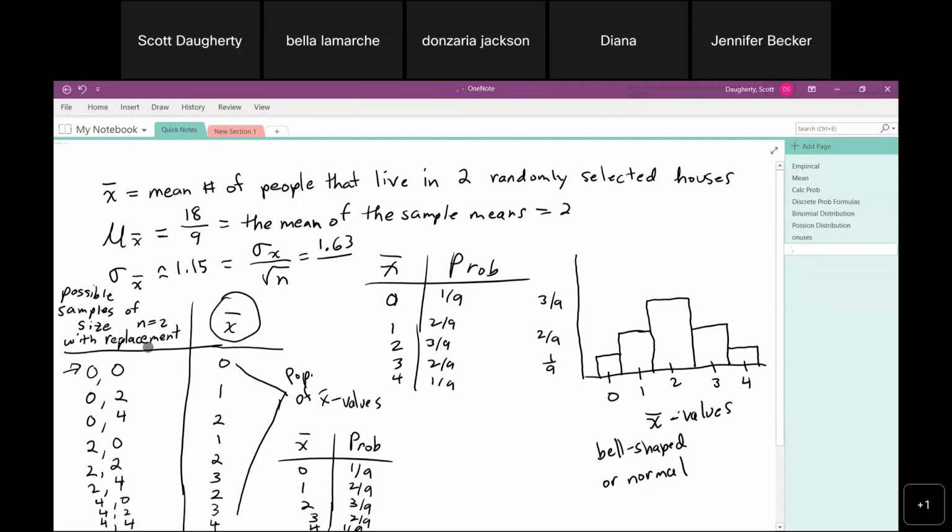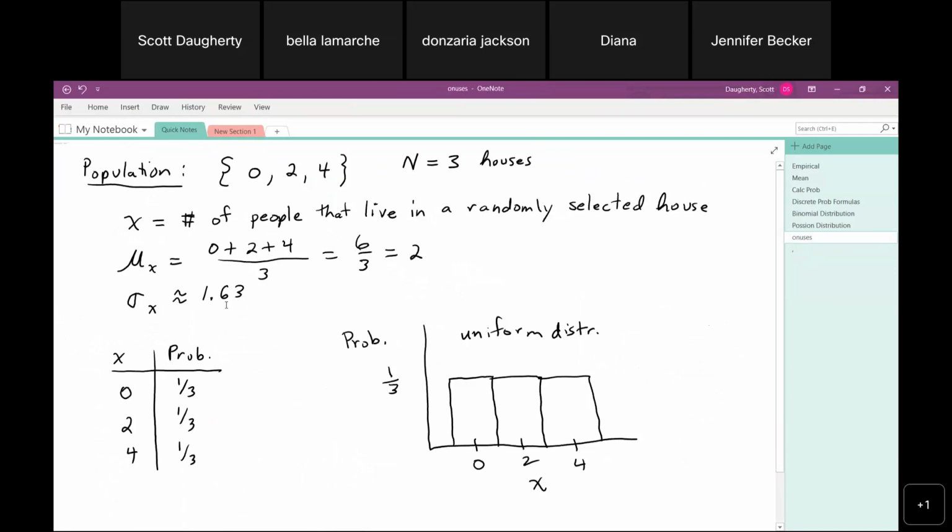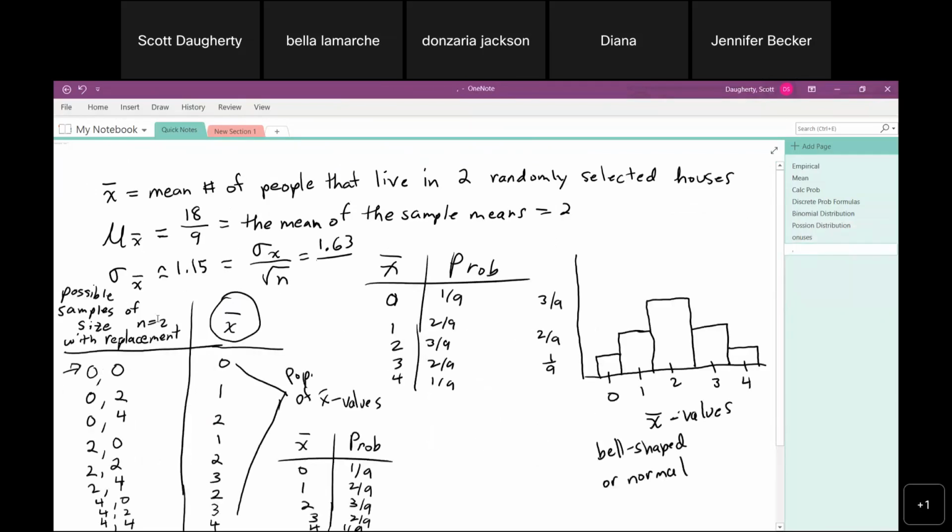And then we're sampling 2 at a time, right? Our sample size consists of 2. So if you take 1.63, which remember is the original standard deviation for x, for this random variable, and you divide it by the square root of the sample size that you're taking to get your X bar values, that will give you the standard deviation of the X bar values that you have here. In other words, sigma sub X bar.